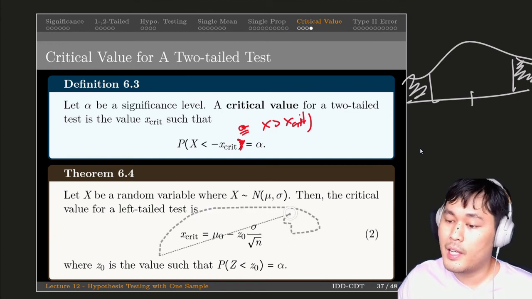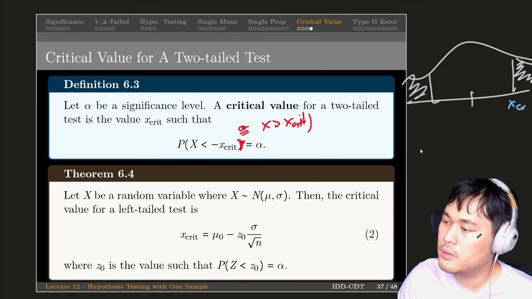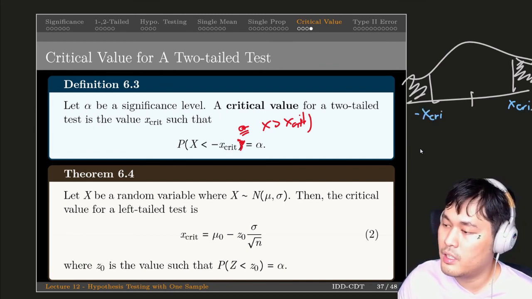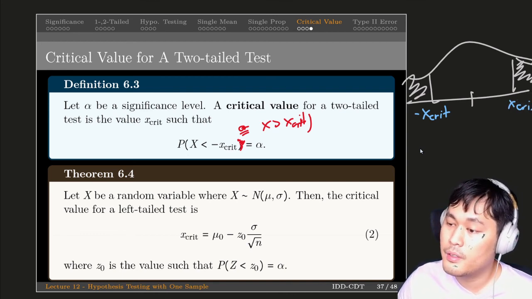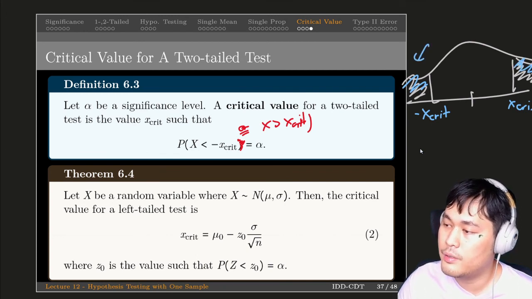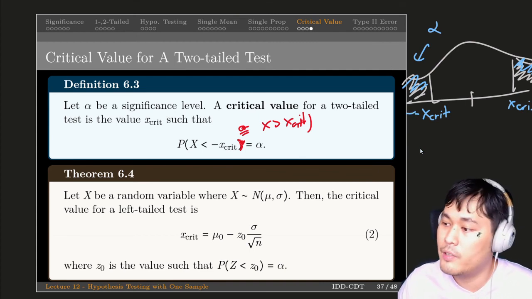So here we define the critical value as a positive number. And then the other side, or the mirror side, is going to be the negative number of the same value. But the critical value is the point where the area on both sides is equal to alpha, the cutoff or the threshold for our p-value.